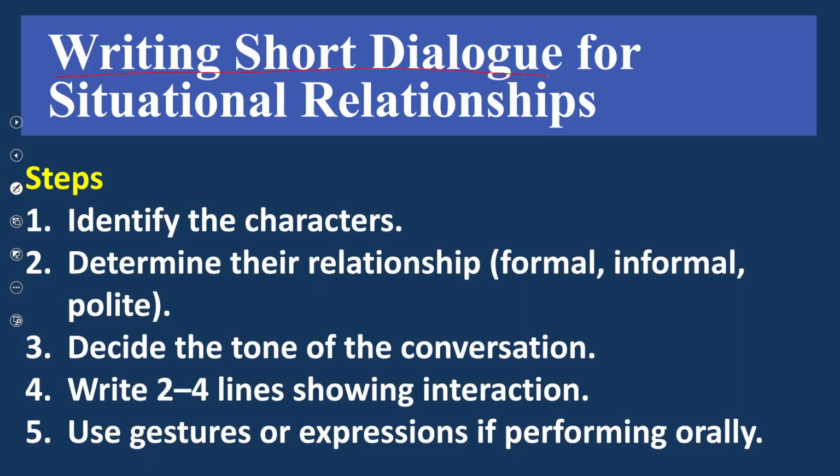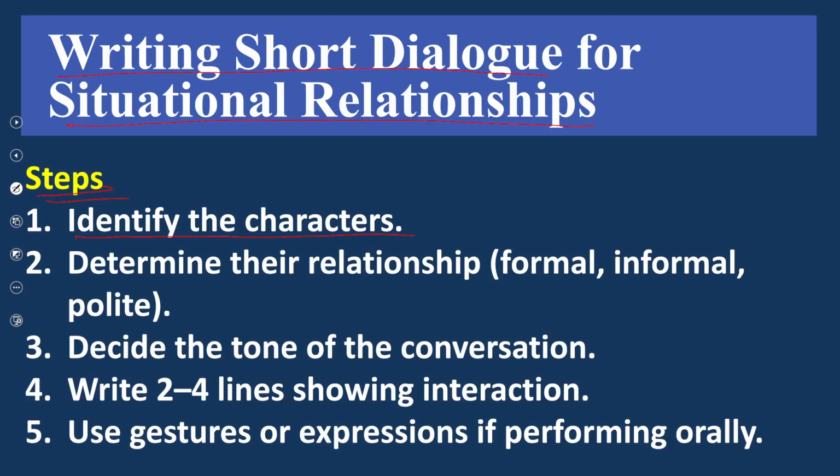Writing a short dialogue for situational relationship. Now we are going to have an example in which we discuss a very short dialogue for understanding situational relationships. Number one, identify the characters. First of all, these are the steps.